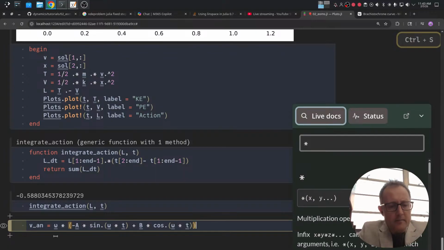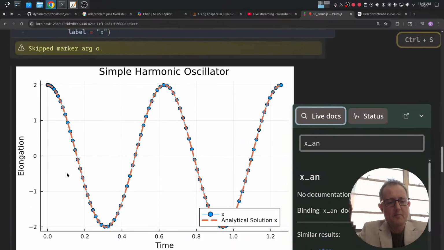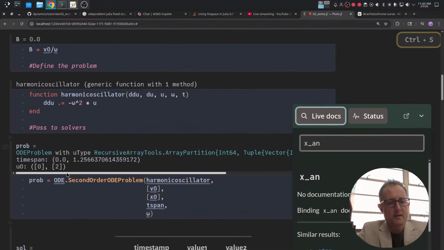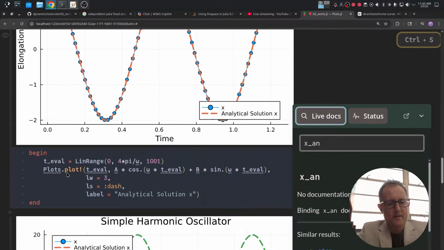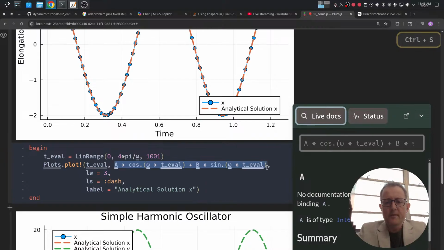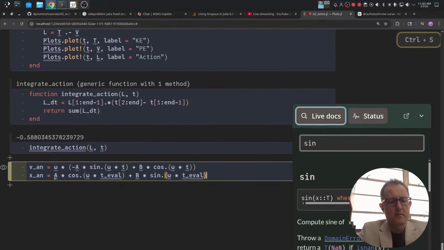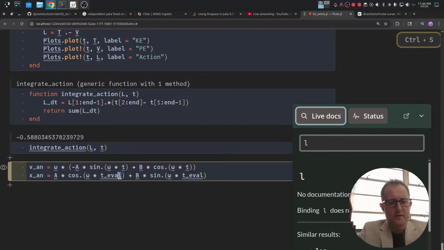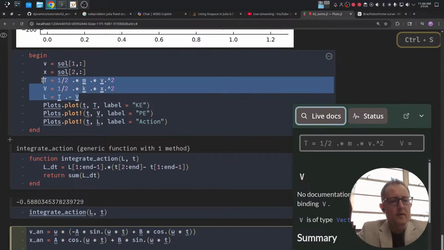X analytical is, I'm just going to grab it from up above. I know I have it in here somewhere. Here we go. Is this one. And then let's grab this stuff.